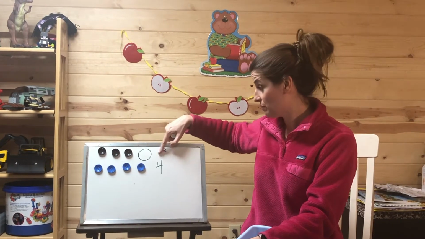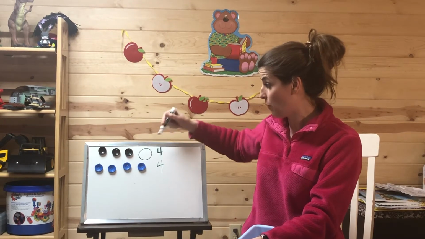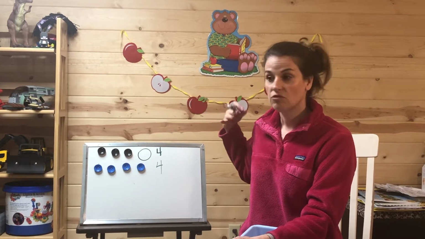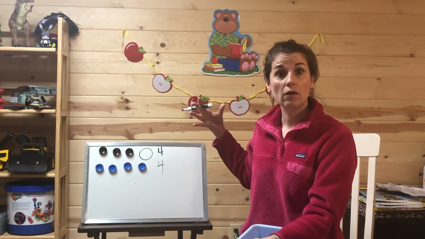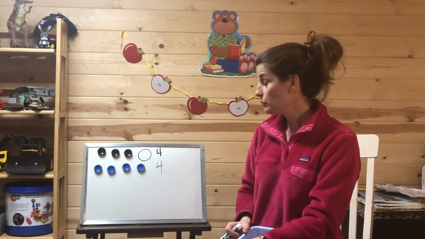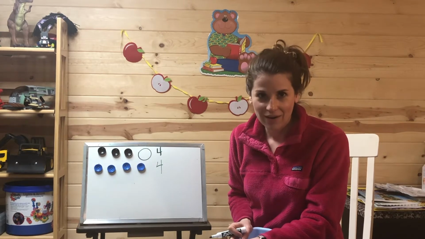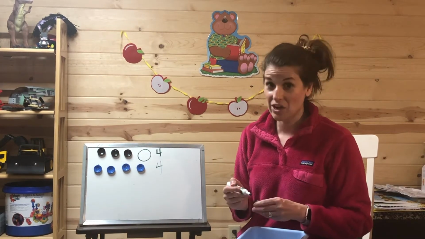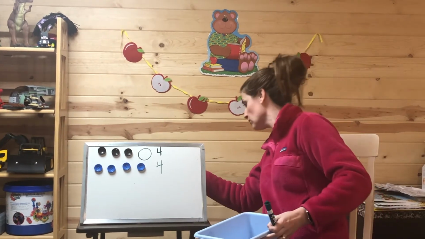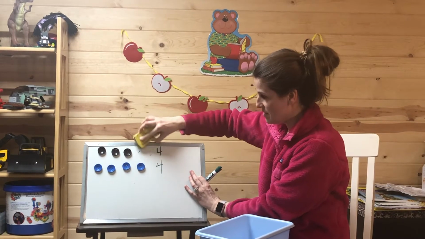There are 4. All right, and we know 4 and 4 are equal or the same. 4 is not greater than 4. 4 is not less than 4. They are equal. So we needed to draw 1 more to show that they are equal. Let's try this again, but with some different numbers.